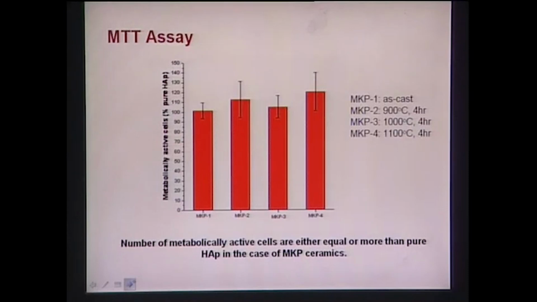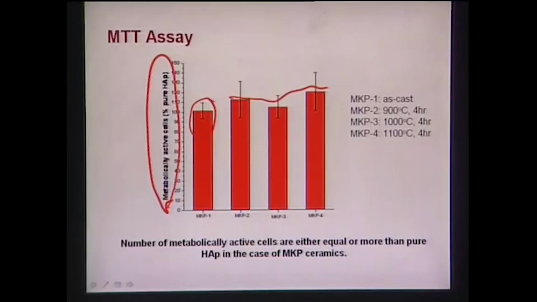We have further carried out the MTT assay, and this MTT assay, as you know, quantitatively states the cell viability property of these materials. This is prior to the heat treatment, and this is 900, 1000 and 1100 degrees Celsius, showing metabolically active cells. That means your MTT reagent reacts with the mitochondria of the cells, and that gives you the total number of metabolically active cells present on the material.